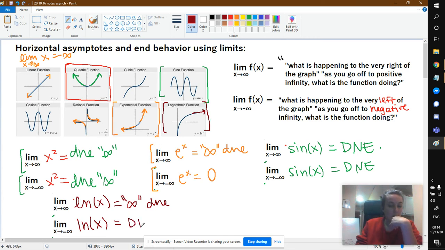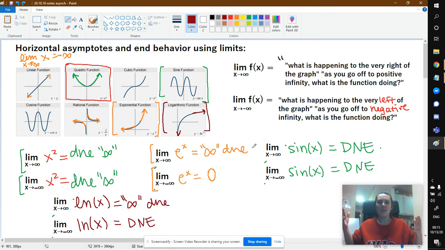As x approaches negative infinity, this one doesn't exist in a wacky way because you're not allowed to plug in negative numbers to logarithmic functions. I don't know if you remember that. You're simply not allowed to plug in these numbers.